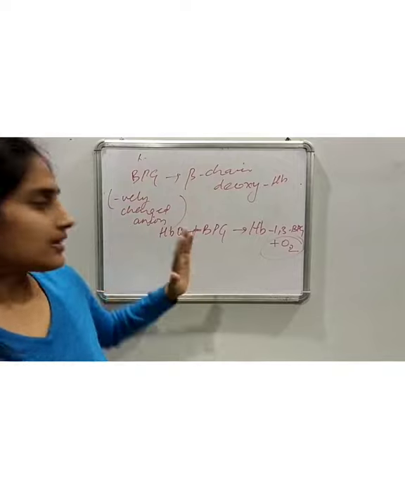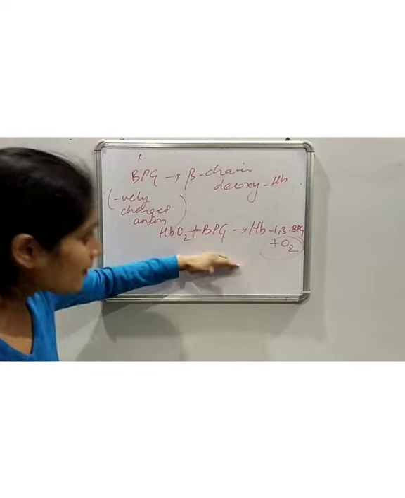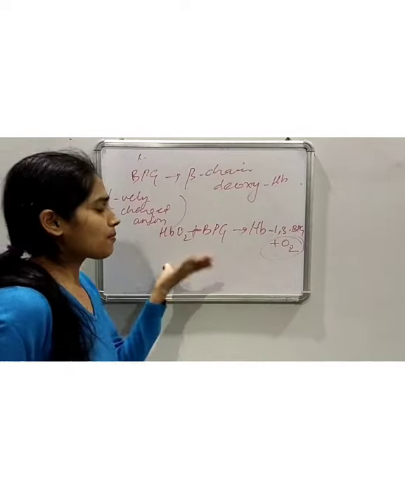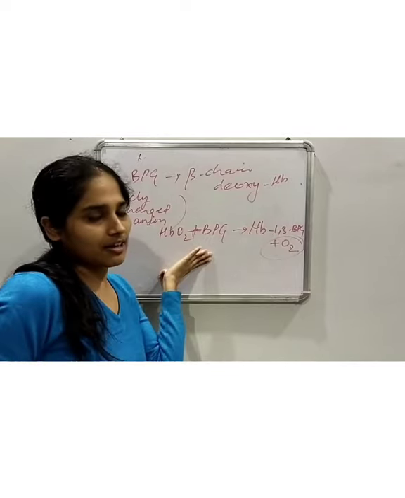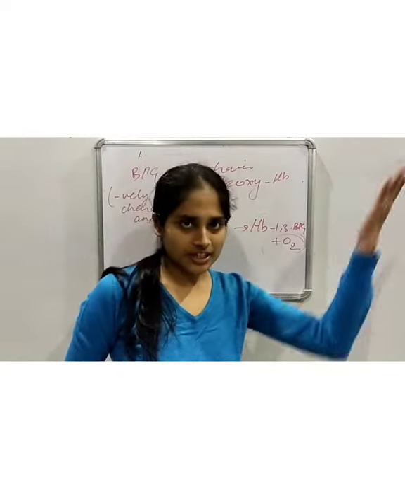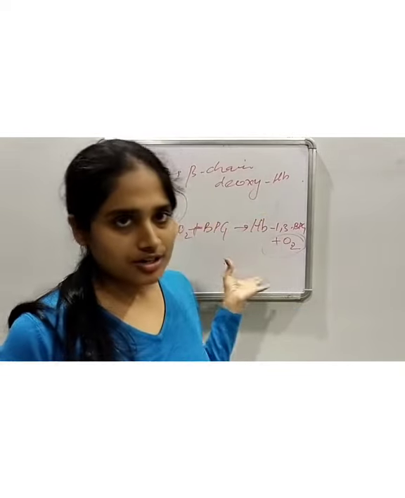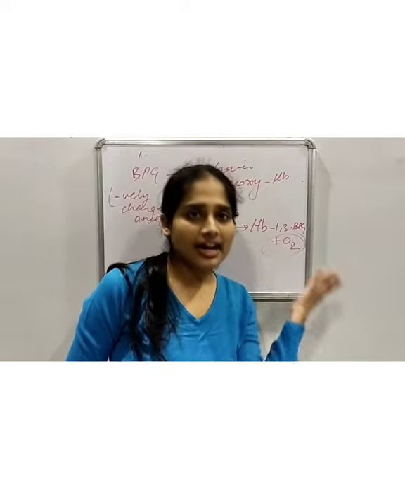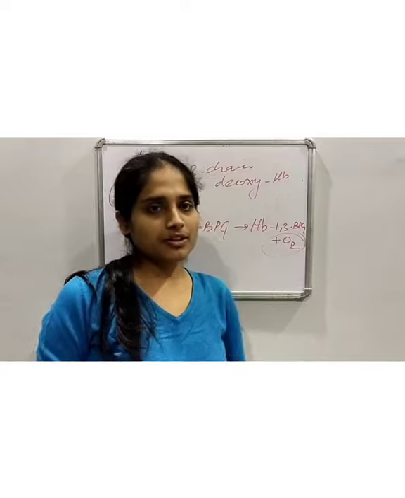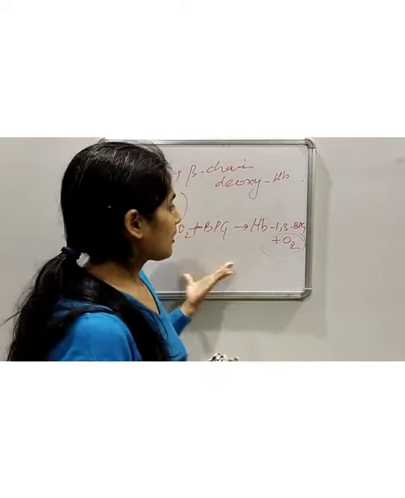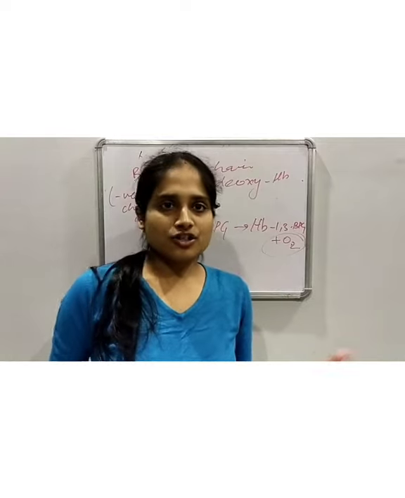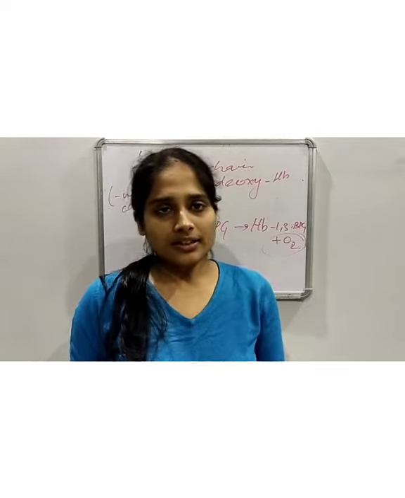All right, so the fetal hemoglobin has more affinity for oxygen than the adult hemoglobin, and that is why, during the gestation period, the fetus gets oxygen from the mother.